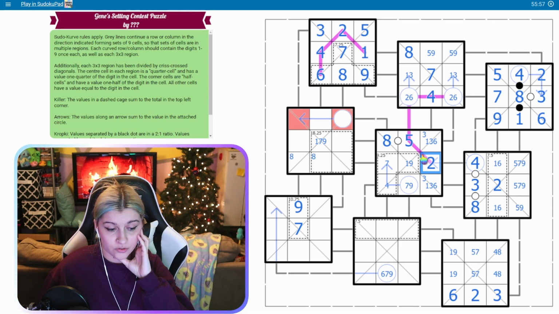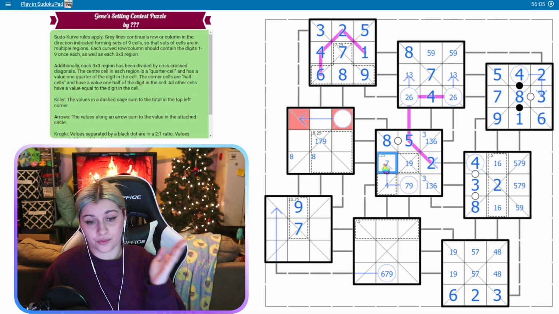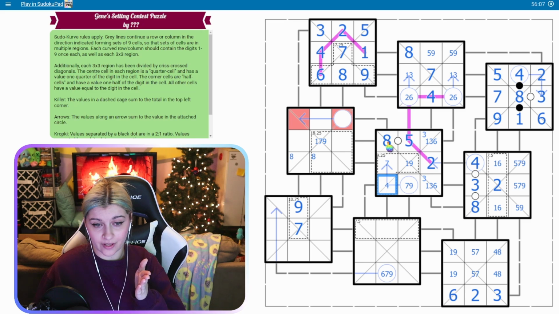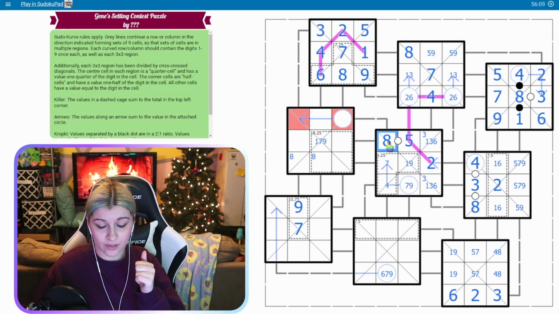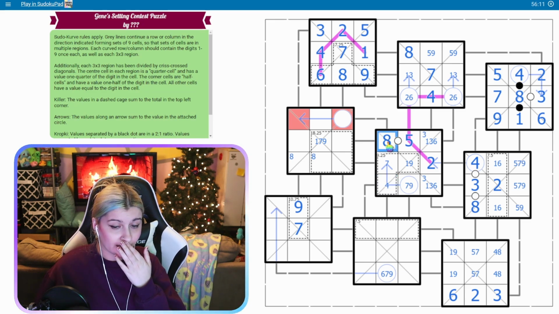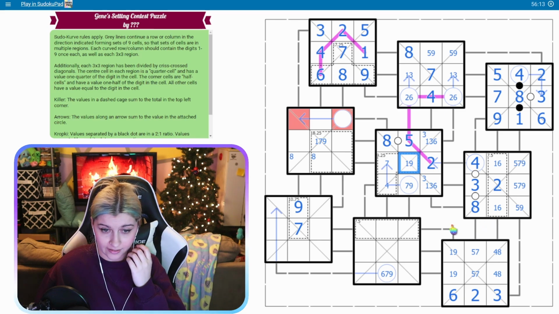I could do a 4 and a 6 for a value of 3, but 4 can't go here. If I could do a 3 and an 8 for a value of 4, I also can't do that. Those are my only options. So I think actually I can't do a 9. This will have to be a 1.